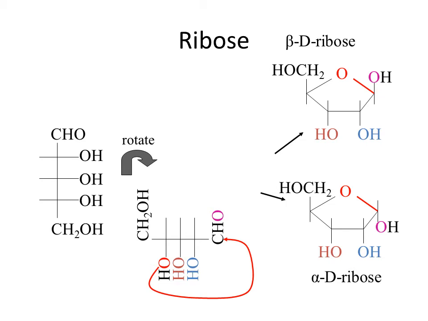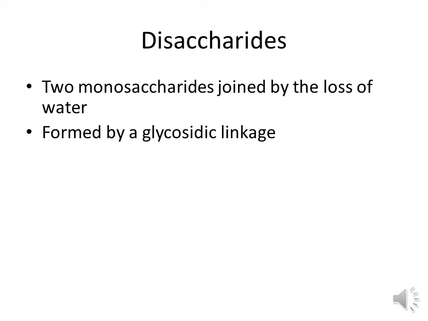And then in the ring closed compound we see they're down. But of course then the carbon that used to be the carbonyl can either be alpha or beta, meaning up or down for the hydroxyl.